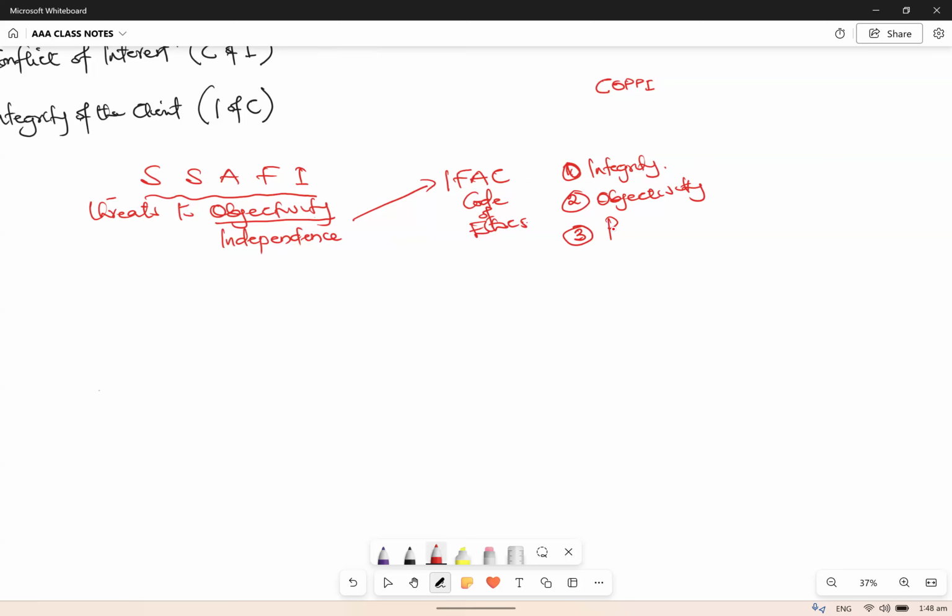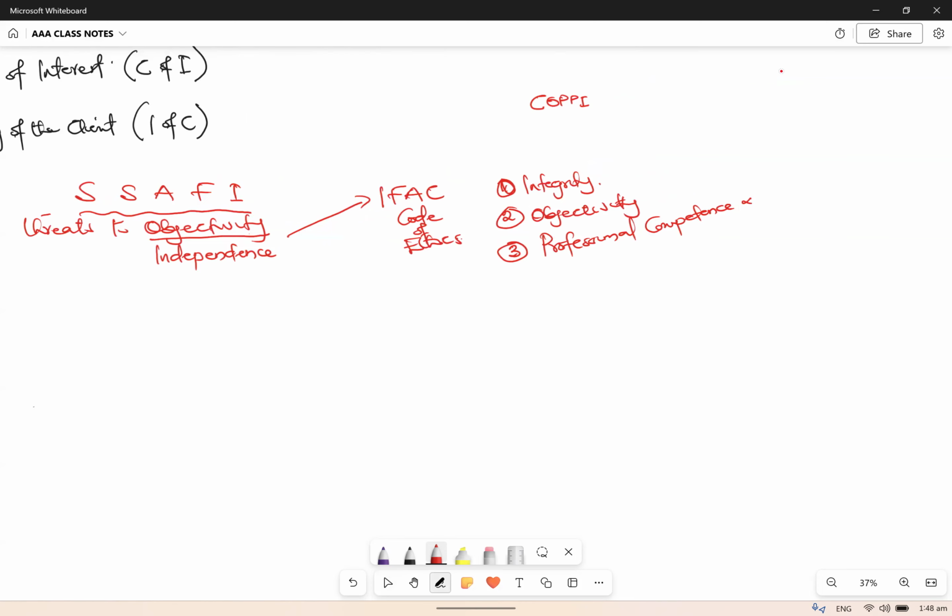Then we have professional competence and due care. You know the word competence, and you hear politicians use it. Due care means giving somebody the caring that is due to the person, so we ask you to be diligent.